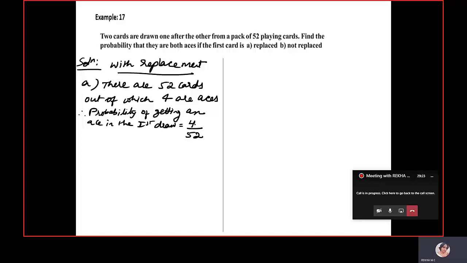The number of favorable cases will be 4 and the total number of cases will be 52. So 4 by 52.